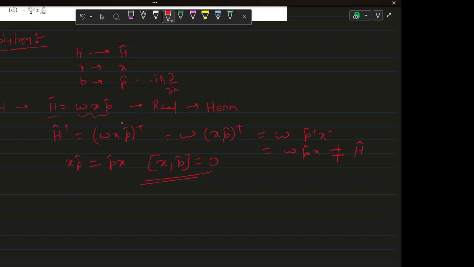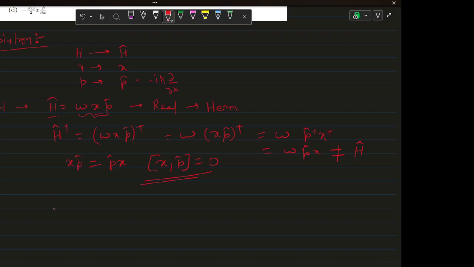So this is not Hermitian. Then we cannot directly write the quantum mechanical Hamiltonian just by putting the operators in the classical Hamiltonian. So what we have to do is write it in a form such that it equals its Hermitian conjugate.